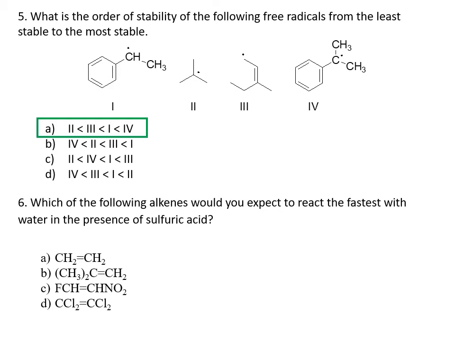Next question, which of the following alkenes would you expect to react the fastest with water in the presence of sulfuric acid? That's the one with electron donating groups, if any. Electron donating groups increase electron density on the double bond and make the double bond a better electron donor, a better nucleophile. Conversely, electron withdrawing groups reduce reactivity.